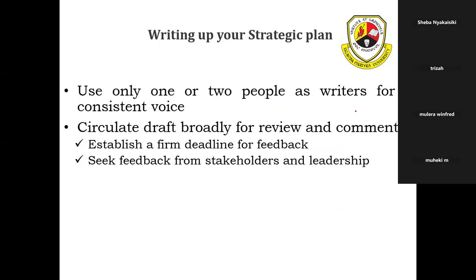Writing up your strategic plan, use 1 or 2 people as writers so that you have one consistent voice. Then they circulate the written document to the team and other key holders to establish feedback.